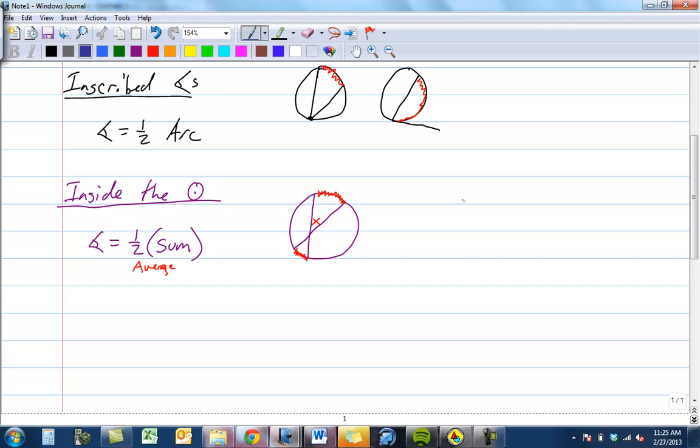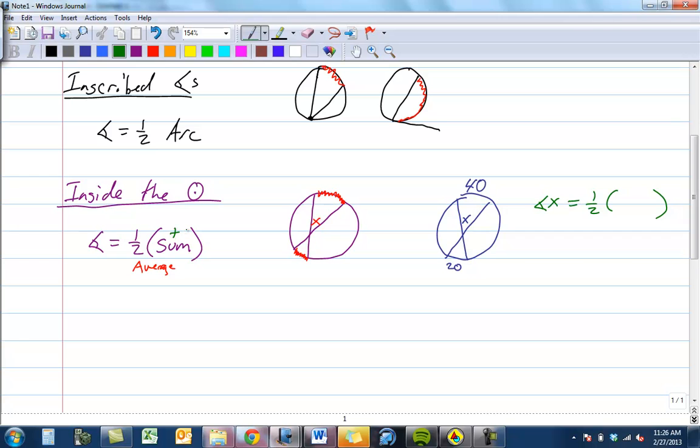Let's do an example here. So let's suppose I gave you a circle. We're just looking something like this. The angle here is X. This is 40. And this arc here is 20. What is the measure of angle X? All right, well, the angle X is 1/2 the sum.